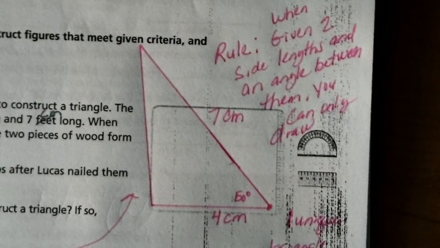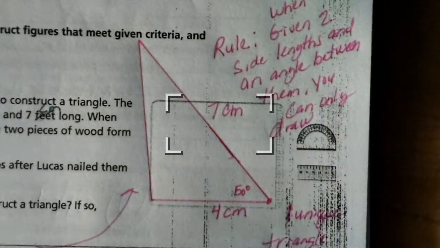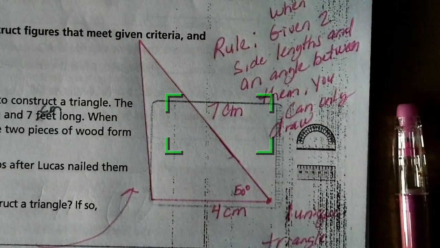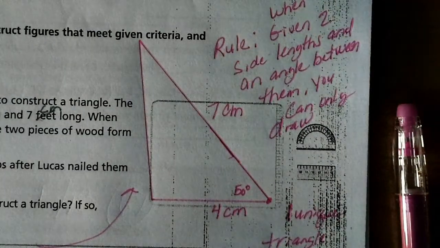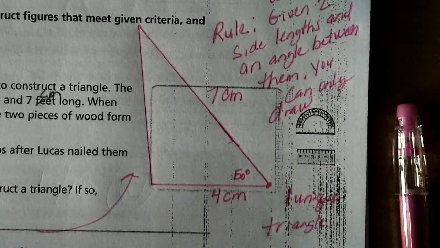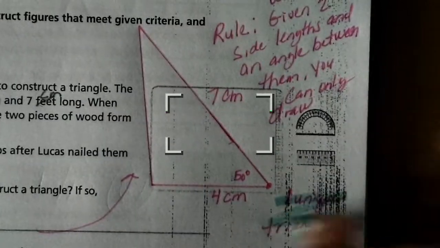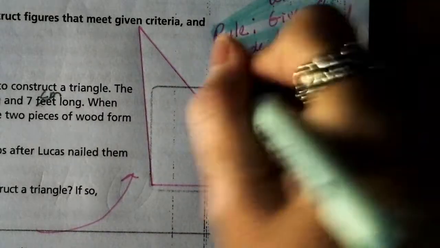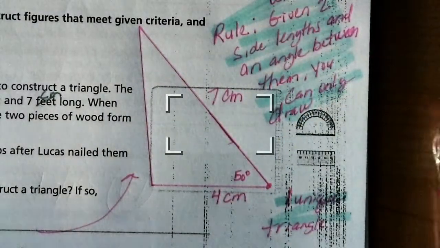Let me zoom it in so you can see that. So when given 2 side lengths and an angle between them, you can only draw 1 unique triangle. Okay, so that is that rule.